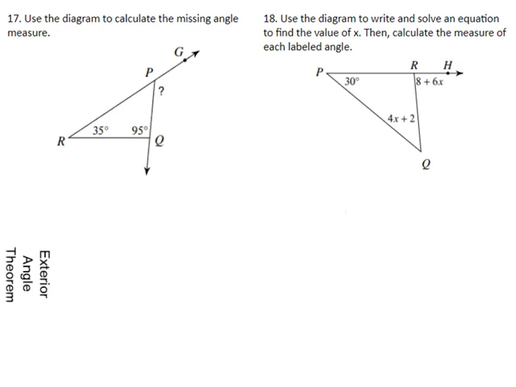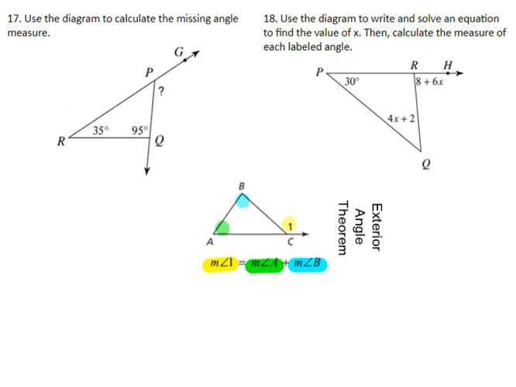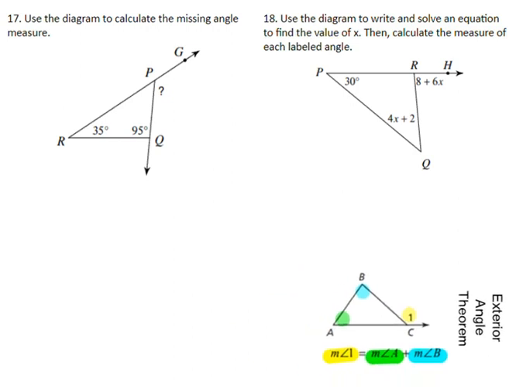Okay, getting close, last couple. For both of these, you're going to use the exterior angle theorem, and that says if you add up the two interior angles that are not next to the exterior angle you're trying to find, it's going to equal that value. So I'm going to put this off to the side for right now. That means that we can do 35 plus 95, and that has to equal the number that we're looking for.